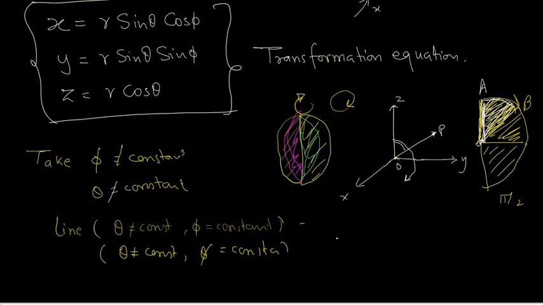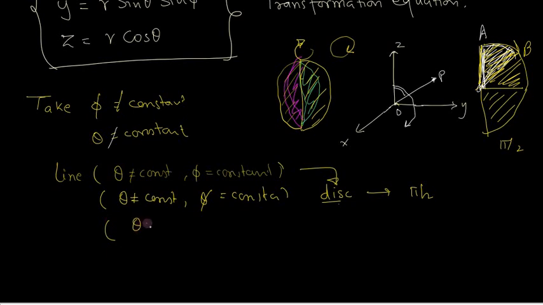So this line will transform to some kind of disk. If you go maximum to pi by 2, it will transform to a disk. Now if theta is not constant and phi is not constant, then this disk will transform to a sphere.